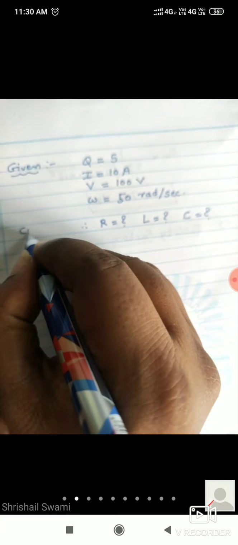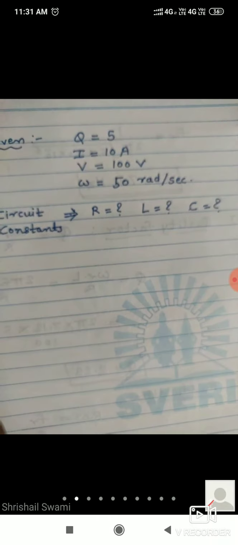Omega is given, that is 50 radian per second. These are the given. So what do you have to find out? You have to find out the value of R, the value of L, and the value of C. These are called the circuit constants that you have to find out.